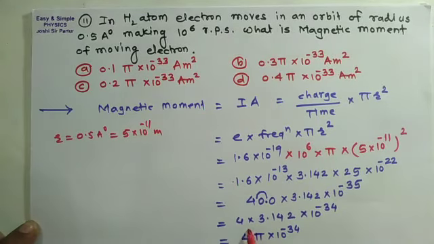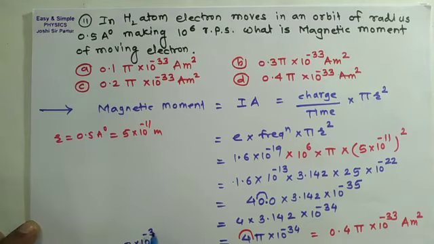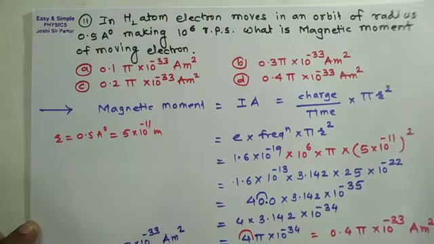So the point is shifted, it becomes 0.4 pi into 10 to the power minus 33 ampere meter square. So the answer is D, having 0.4 pi into 10 to the power minus 33 ampere meter square.